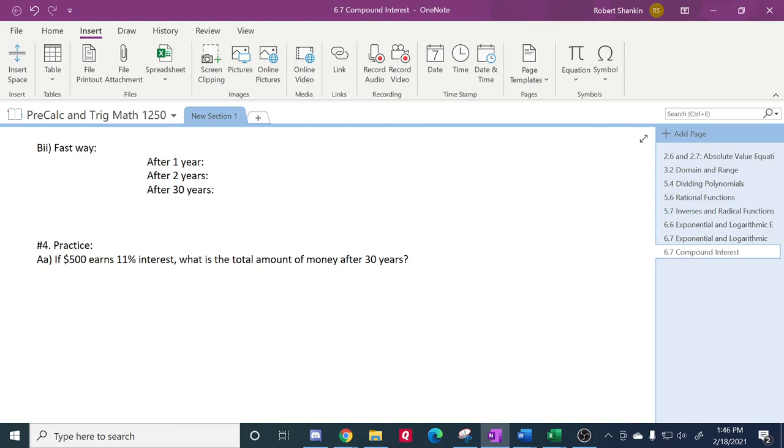In the group chat, you could type in how you're getting your answer as well as what your answer is. If you raise to a power, you can use Shift 6, the up arrow. Okay, go ahead and hit enter.